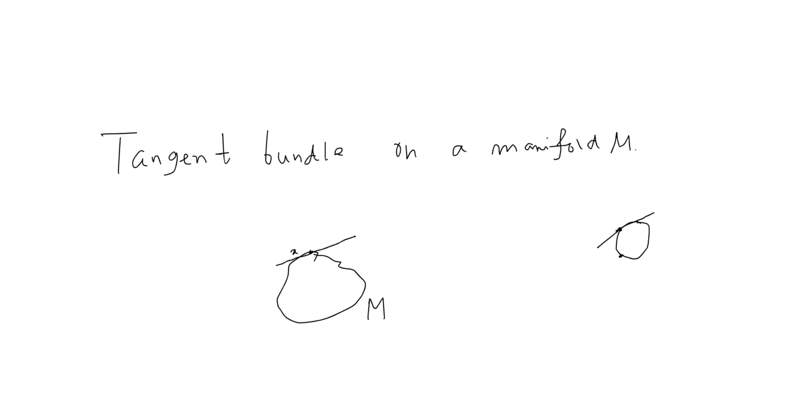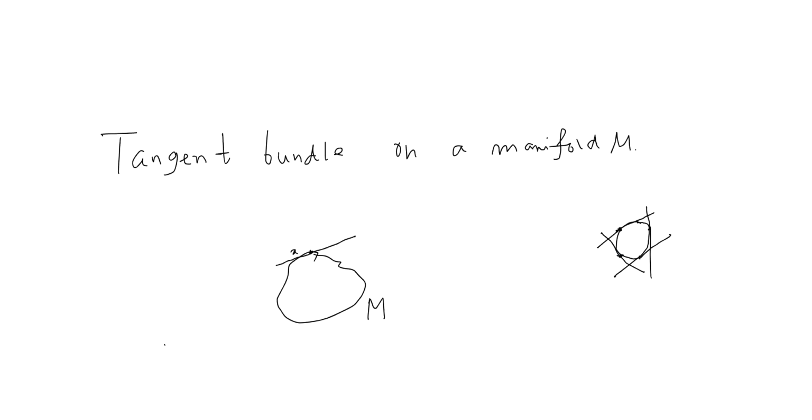So on each point you have this tangent space. So as the point varies, the tangent space also varies. And if you look at the collection of all these tangent spaces, that gives you the tangent bundle.